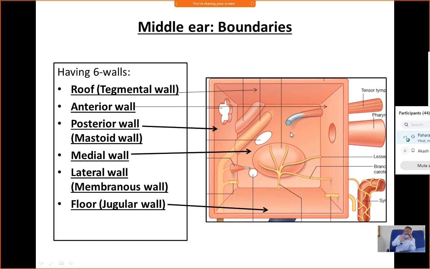So we are looking from the external acoustic meatus. So when we remove the lateral wall, we can see part of the anterior wall, part of the posterior wall, part of the medial wall, and roof as well as floor also. The floor is also known as the jugular wall. We will come one by one.